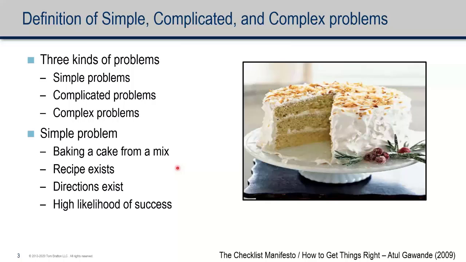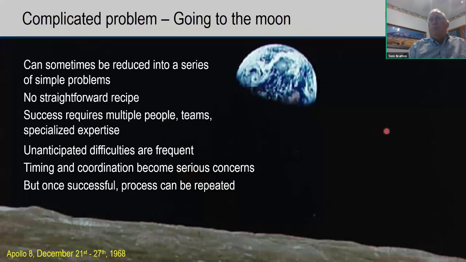Anyone can do it. His example for what he classified as a complicated problem was going to the moon. It can sometimes be reduced into a series of simple problems, but there's no straightforward recipe. Success in going to the moon required many people, teams in fact, specialized expertise.